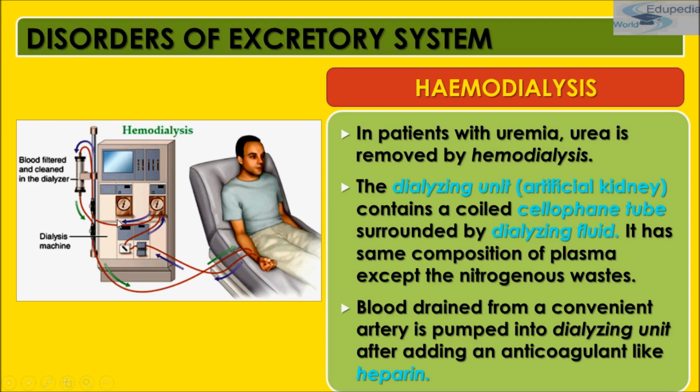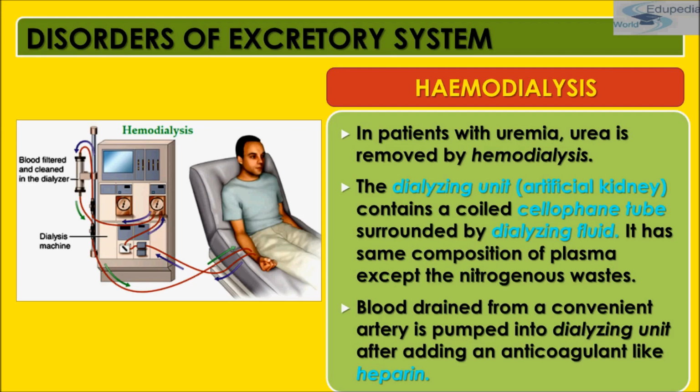This is the artificial kidney, where the blood flows through channels or tubes bounded by cellophane membrane. This cellophane membrane is permeable to small molecules such as urea, uric acid, creatinine, but it is impermeable to plasma proteins.